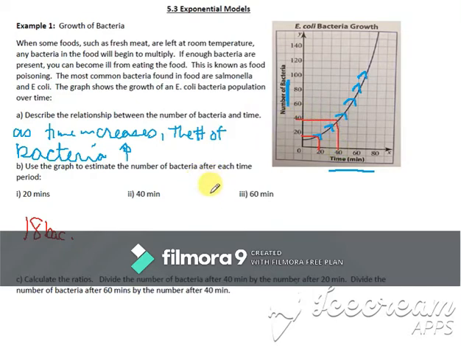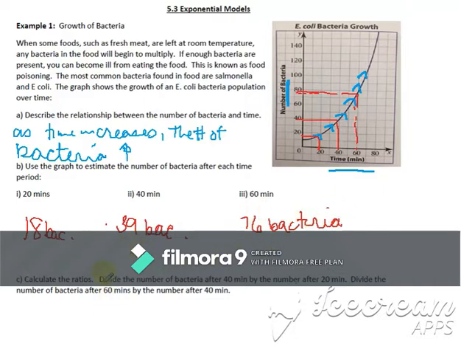I would say it's about 40, maybe even 39. So 39 bacteria. And then at 60 minutes, right at an hour, I'm going to say 76, because I can see that I'm going up a little bit, but it's more across. Bacteria.